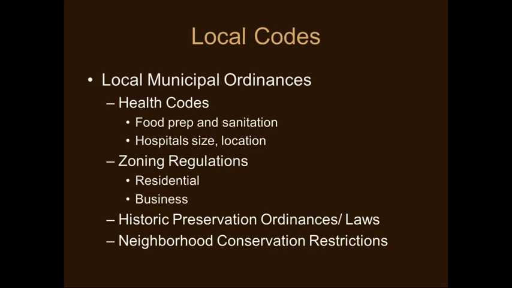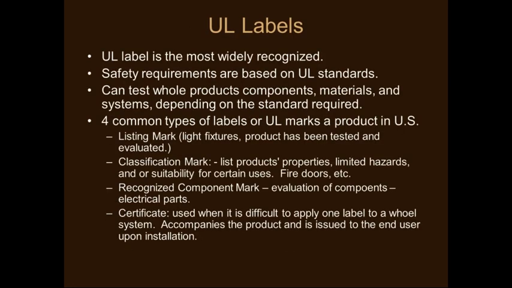You may have signage or landscaping ordinances, and you may have neighborhood restrictions. We talked about the UL labels, the most widely recognized. They test, remember, all products, and you can look at your markings. I just want to make sure you understand, from light fixtures, products that have been tested. It's really recognizable.